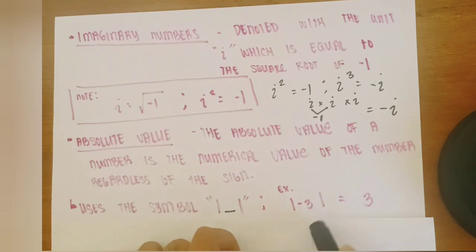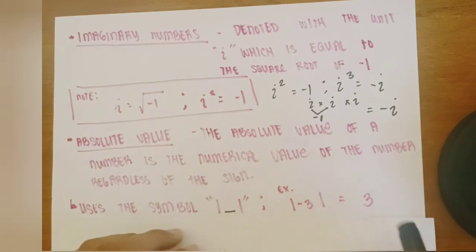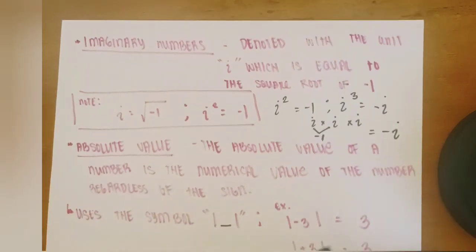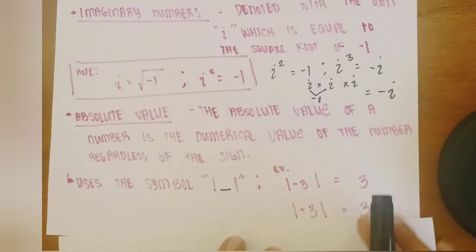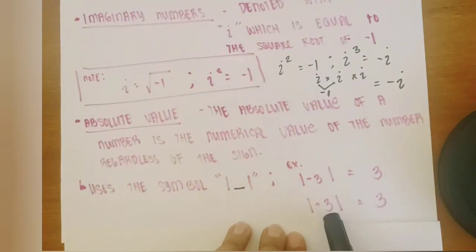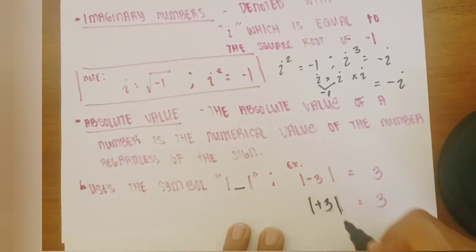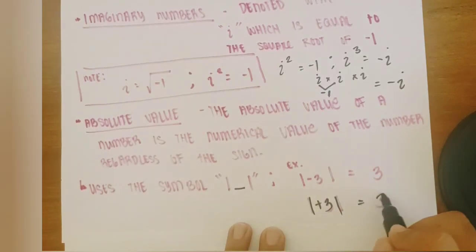So, pag sinabi natin absolute value of minus 3, it's just basically 3. Positive 3. Paano naman pag positive yung absolute value? It will stay the same kasi ang absolute value is always positive. So, pag plus 3, absolute value ng plus 3 is still plus 3.